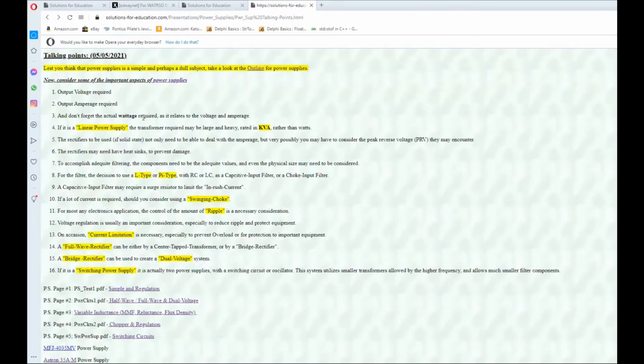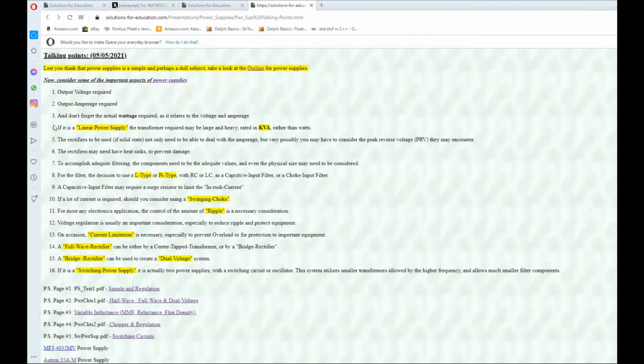Now, here's what we're going to look at. For those of us that actually were involved in designing and building power supplies in our early days, there are things that we had to look at and study. And of course, like everybody, we would build something simple. We'd find something that someone else had put up and posted, maybe on ARRL, or actually the web didn't exist at that time.